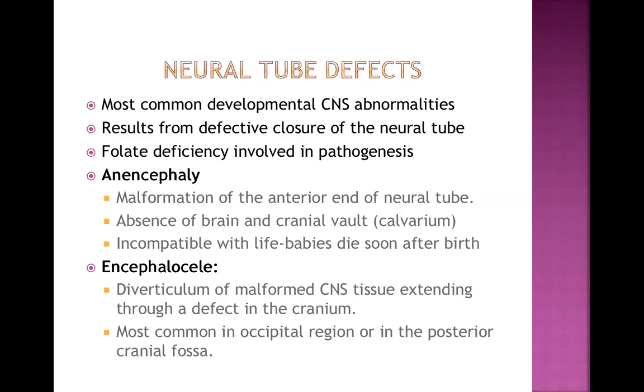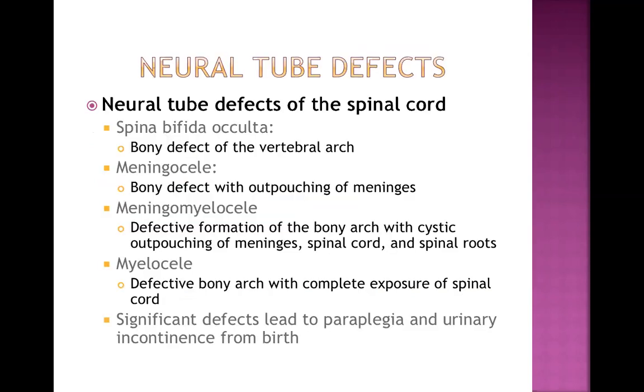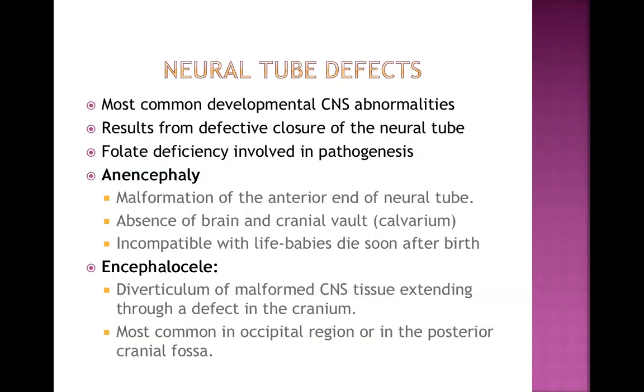Now, some of the examples of neural tube defects are anencephaly, encephalocele, okay, encephalocele, and some of the other neural tube defects of the spinal cord, like spina bifida occulta, meningocele, meningomyelocele, myelocele itself. Okay, so let's talk one after other.